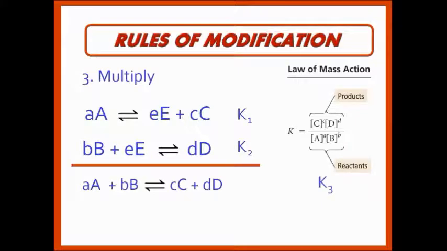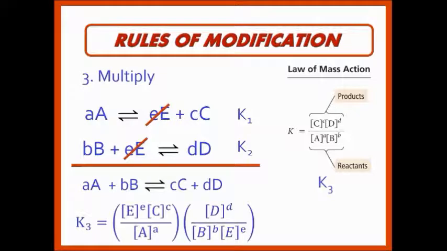We can see that if the two chemical equations are added together, the intermediate E cancels out and yields the goal equation. Now, by writing out the equilibrium expressions for reaction 1 and reaction 2 and then multiplying them together, we can again see that the intermediate E will be canceled out from the equation, therefore yielding the equilibrium constant for the third reaction, which is equivalent to the law of mass action expected.